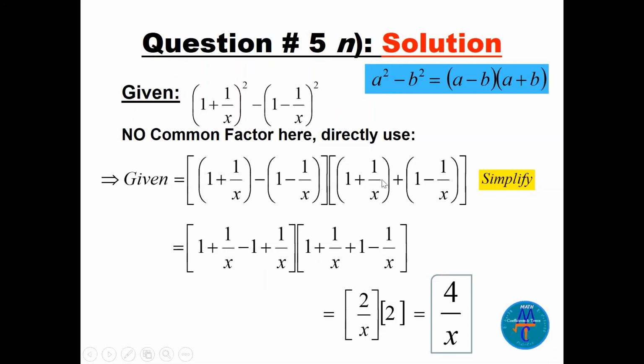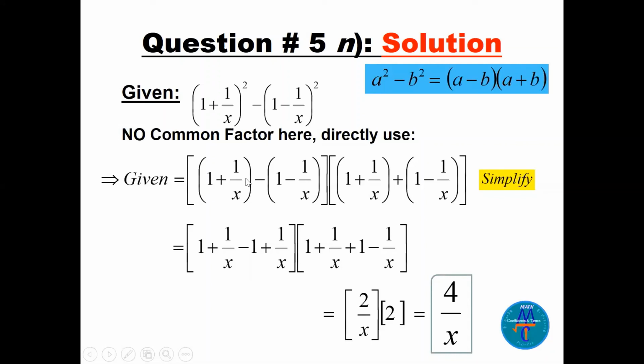You don't have to put a bracket in the first one, but you have to put a bracket in the second one. Why? Because we have a minus. But I put brackets for all just so that it will look nice.